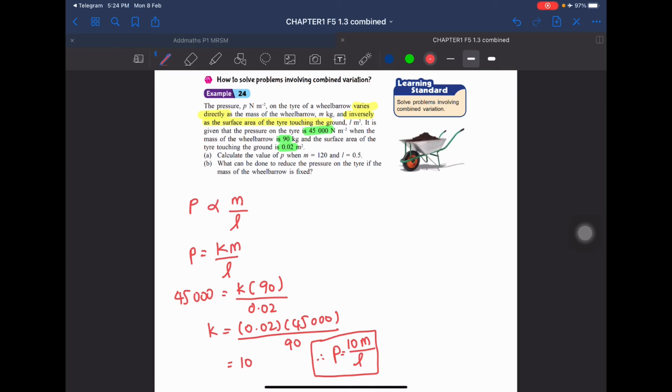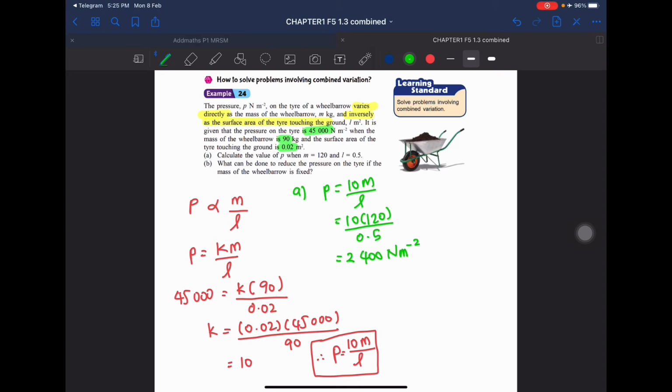So calculate the value of P. This is A, I use a different color. So you have P is equals to 10M over L. You need to find the value of P. So when M is equals to 120, L is equals to 0.5, press your calculator and you will get 2,400 Newton meter negative 2.